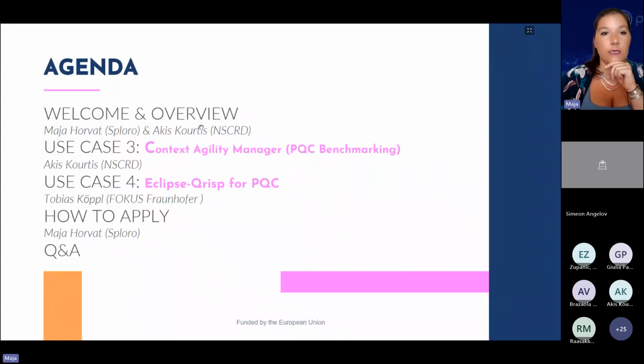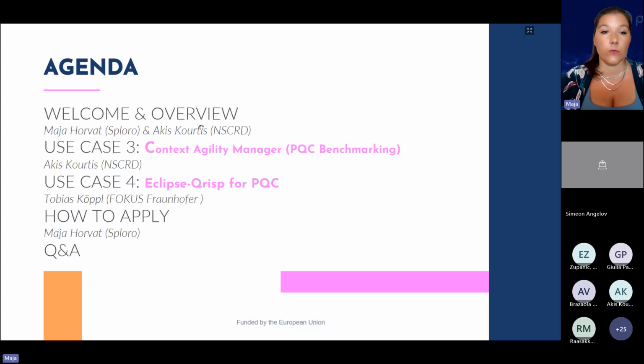That's about it, and the agenda is going to look like this. So we are in the welcome and overview section right now, where me and Akis, the coordinator of the PQ React project, are going to say a few words about the general overview of the project. And then we're going to go into presentations of the use cases for today.